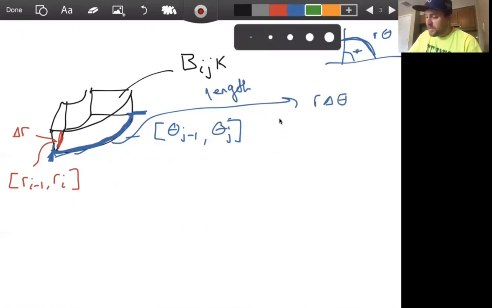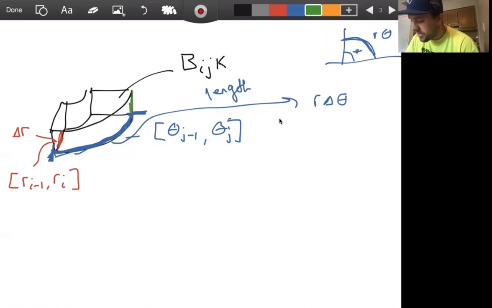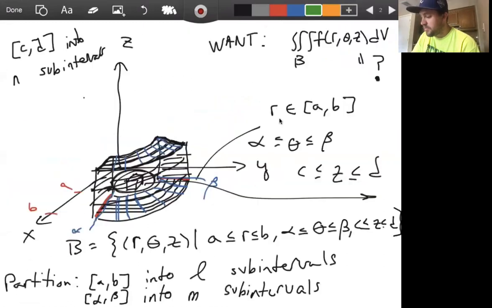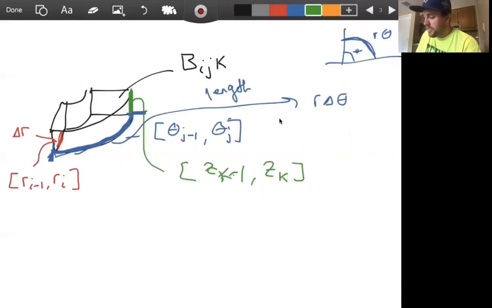And then lastly, we need the height of this box. And the height of this box is, well, this is the interval z_{k-1} to z_k, right? This is some subinterval along the z-axis here. Well, then its length is going to be delta z.